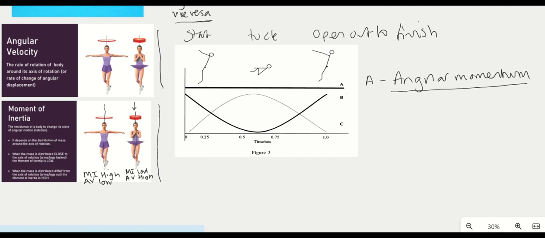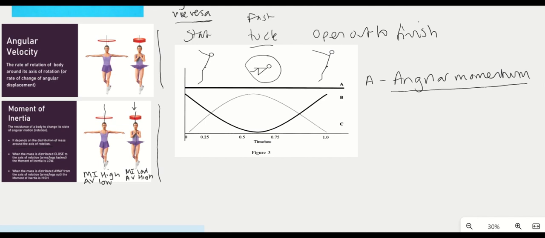You then have to weigh up what B and C are doing. And really what you need to do is say to yourself, right, okay, if we look at this picture in the middle here, we can see that they've got their mass close to their axes of rotation, and we pretty much know that during the tuck they will be spinning fast.